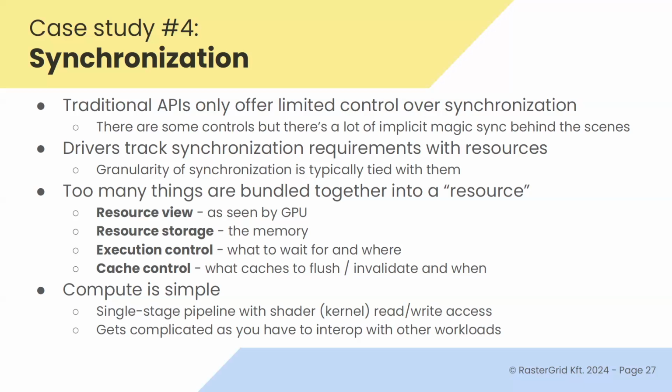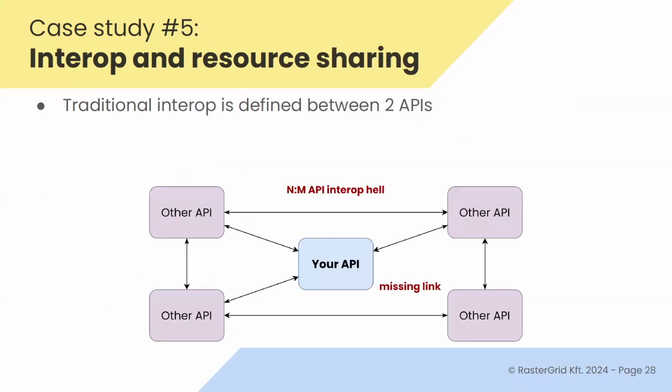Compute is a single stage pipeline with just the kernel, and it's a single type of access. The shader either reads or writes the buffer. But when you are looking at graphics or other interop cases, it gets very hairy and complicated, and even more prone to performance pitfalls unless you're going explicit.